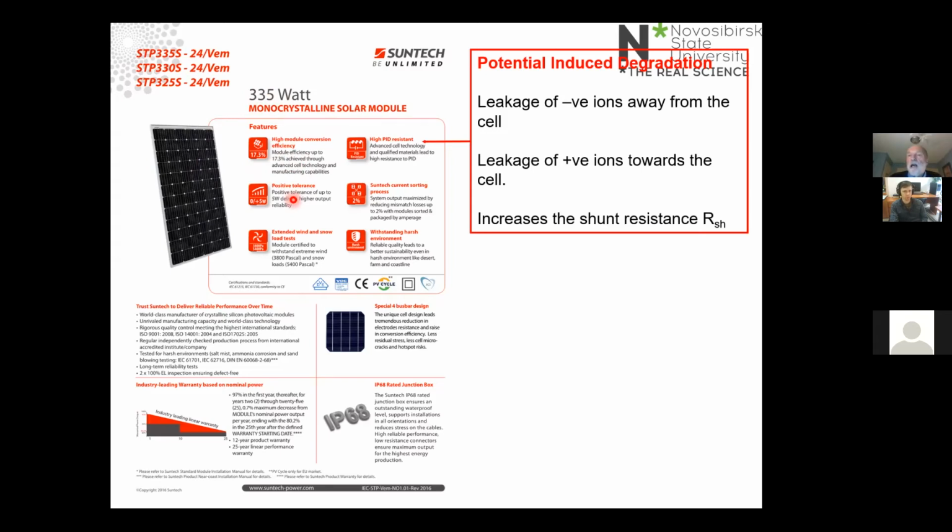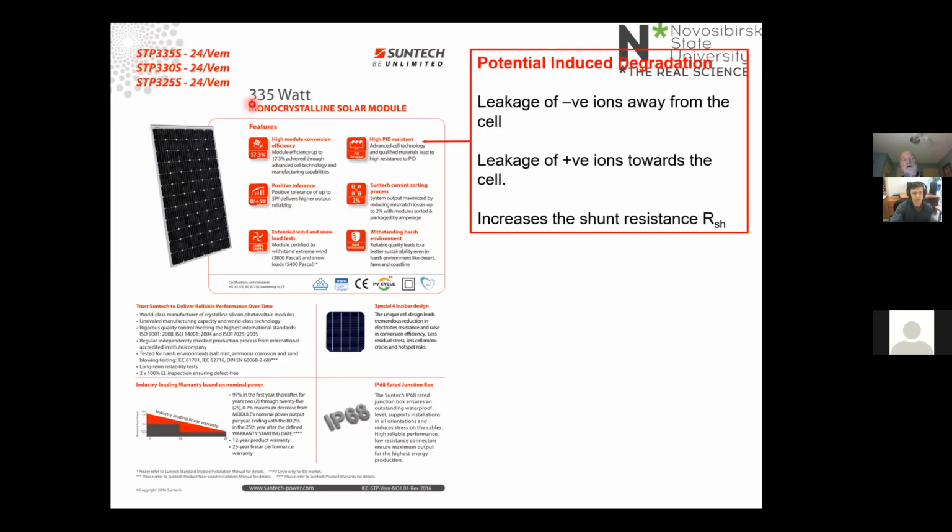Now, I bet that nobody listening to me actually has any idea of what that means, this statement here of a positive tolerance. What it means, you can begin to appreciate if you look at the information in the top left-hand corner.